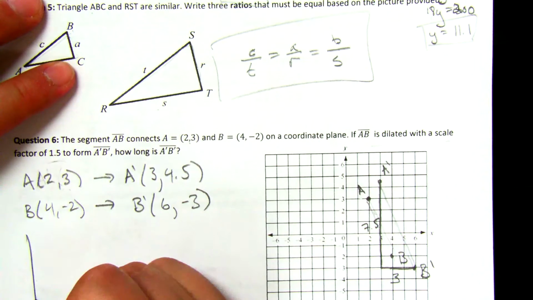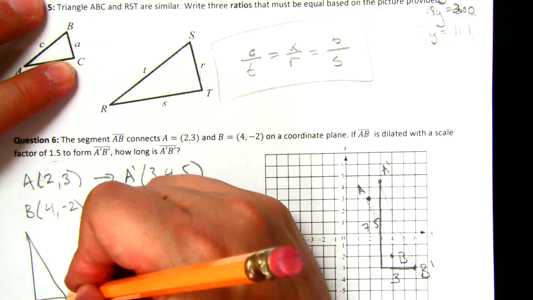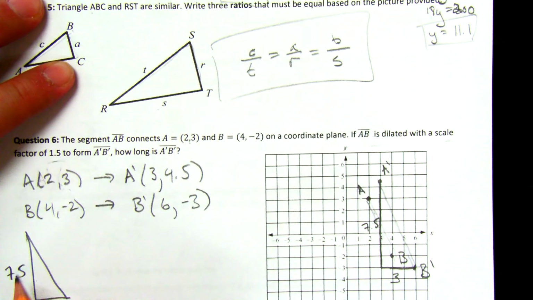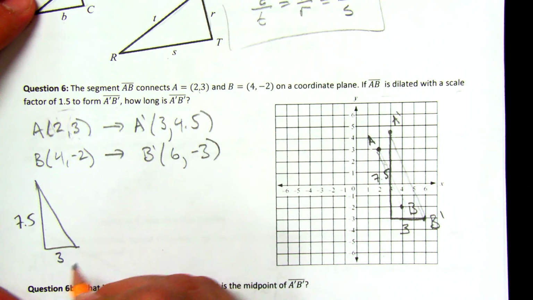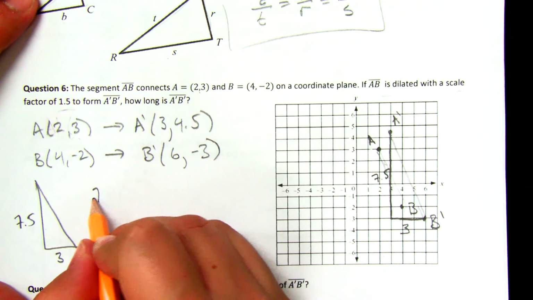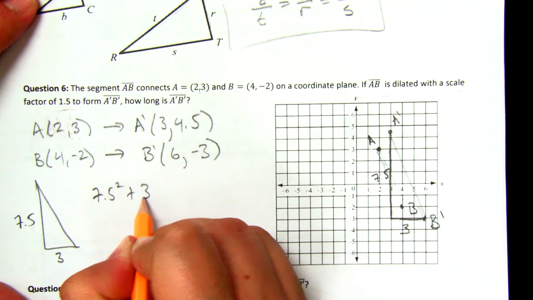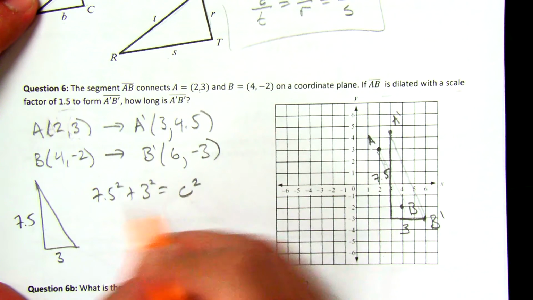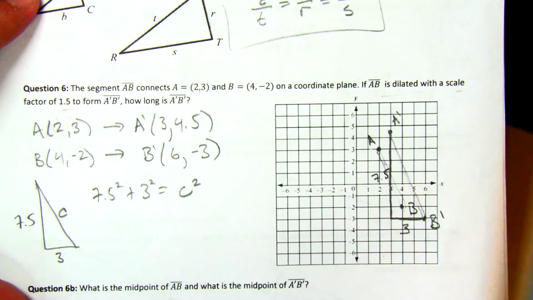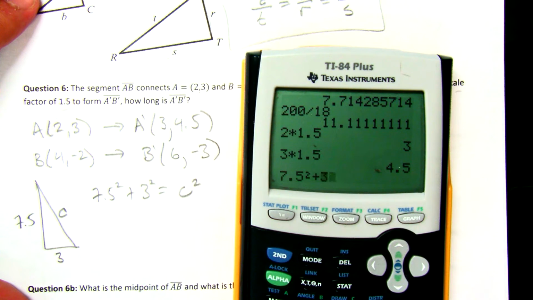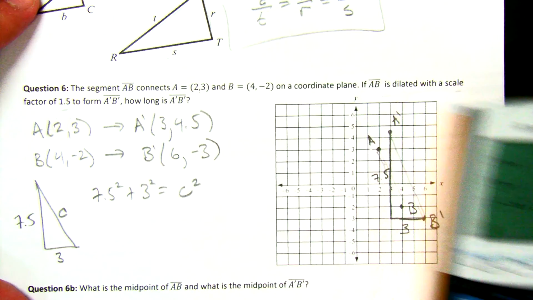So I've got a triangle, and I'm going to draw it over here just so I don't lose track of what's going on. 7.5, 3, and then I know that 7.5 squared plus 3 squared is going to equal c squared, where c is the hypotenuse, and that's the length that I'm looking for. 7.5 squared plus 3 squared is 65.25.